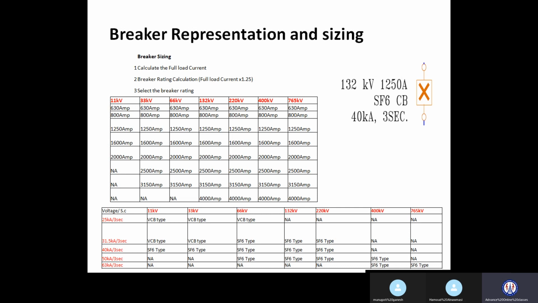Where the arc surrounding the breaker contacts is quenched with the help of vacuum, that breaker is called a vacuum circuit breaker. Where the arc quenching is done with the help of SF6 gas, that type of breaker is called an SF6 circuit breaker.